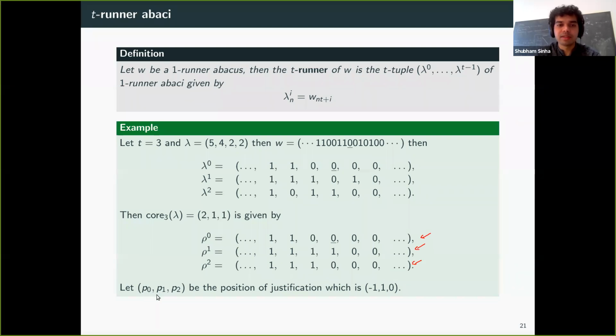So we call those, say, p0, p1, and p2, which in this case is going to be -1. So this is the -1 position, 1 and 0. And you can see that its summation of p_i will be 0.